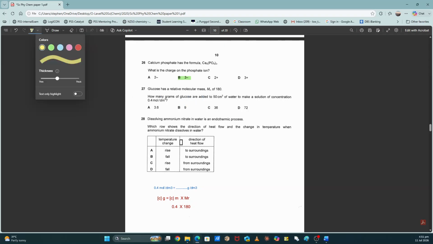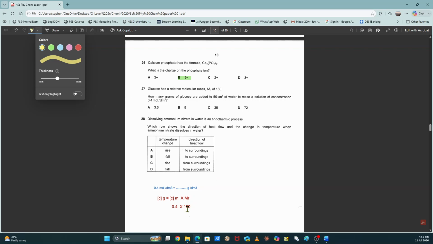Why am I saying this? For example, if I ask you length, length can be expressed in meter or centimeter or even in yard or kilometer, whatever. There are many ways to express the same thing. So for concentration, you either express it in moles per dm cube or grams per dm cube.